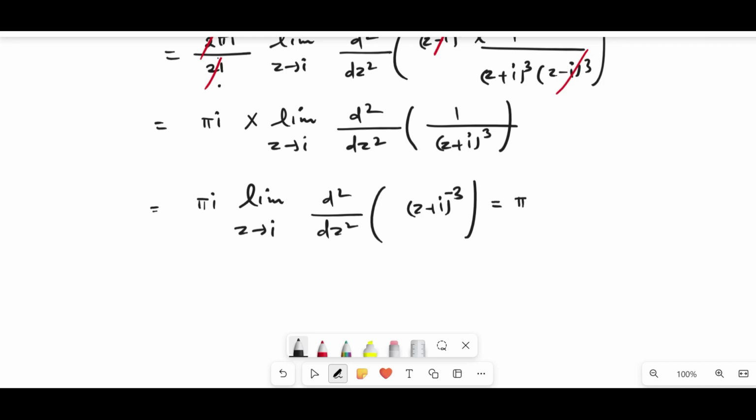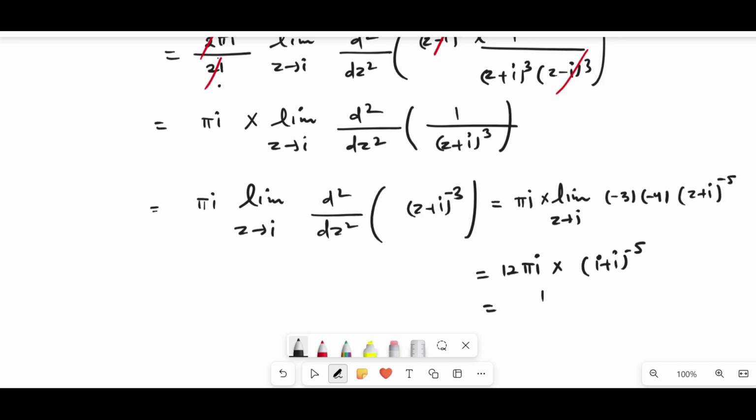So here there is pi i multiplied by the limit z tending to i of the second derivative, that is negative 3, then negative 4, and here will be (z plus i) to the whole power negative 5. So it will give 12 times pi i. Apply the limit, that is 1 plus i to the whole power negative 5.